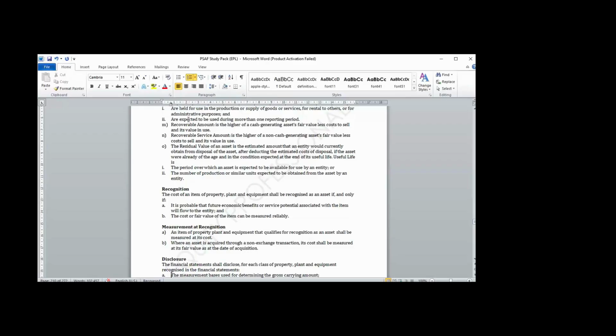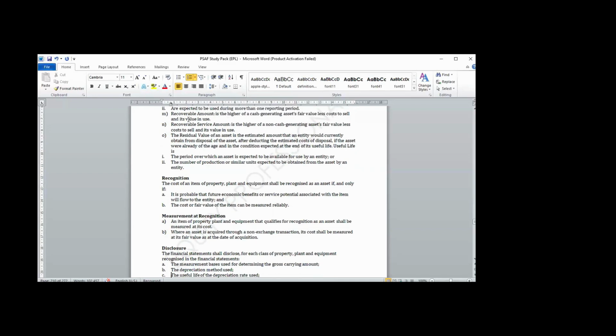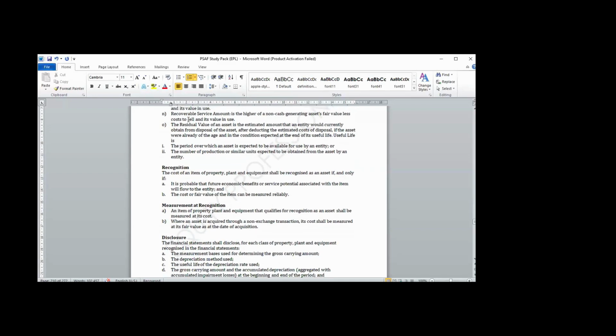Then, what are the information to be disclosed relating to property, plant, and equipment when preparing a financial report for publication? One, the measurement basis used for determining the gross carried amount needs to be disclosed.